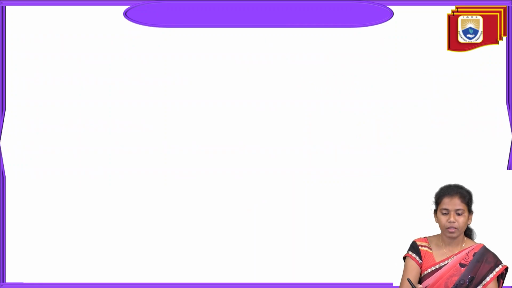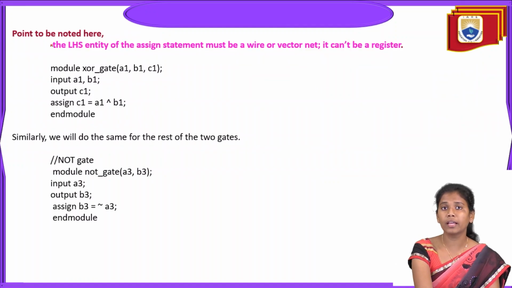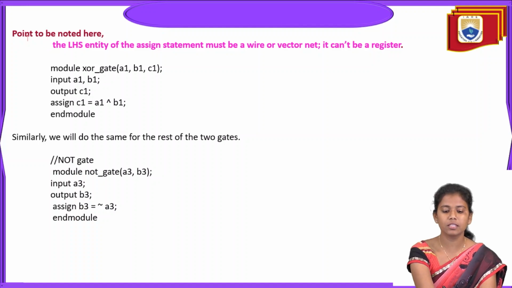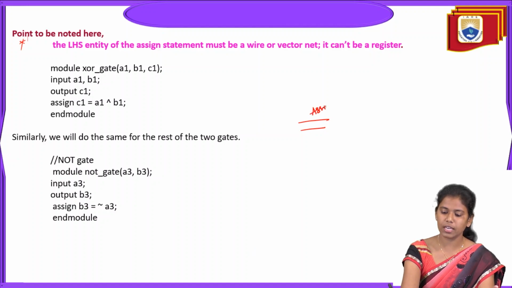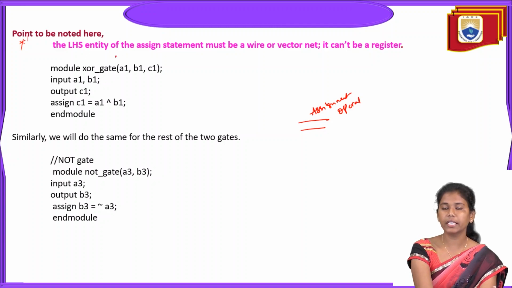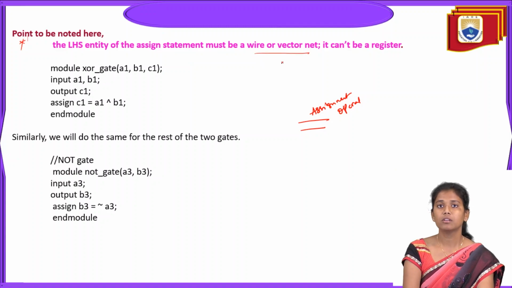Now, an important point to be noted here. You know that this is an assignment operator, right? Onto the assignment operator, the LHS entity of the assign statement must be a wire or vector net. This is the left hand side, and this is the right hand side.